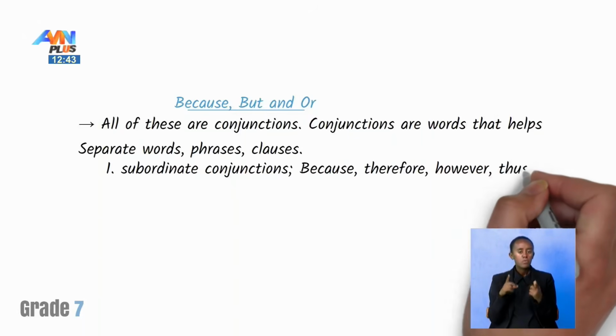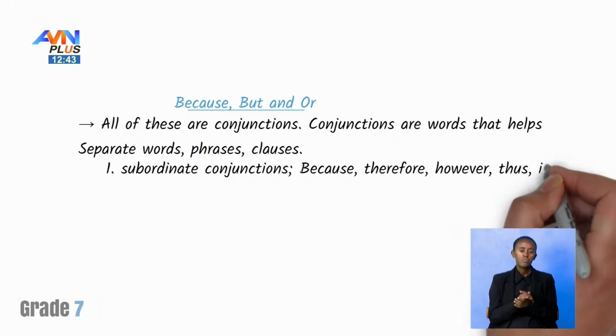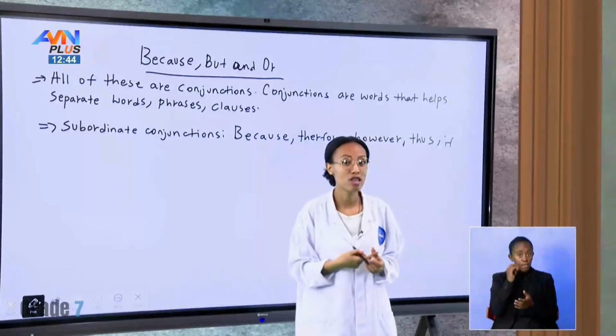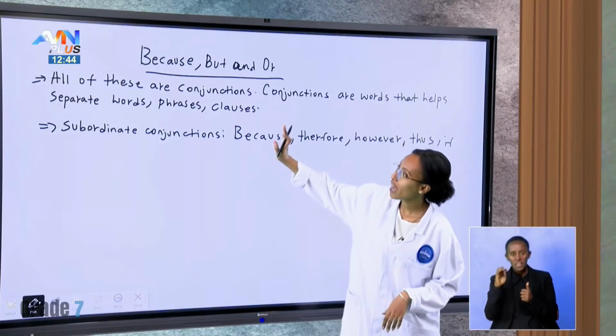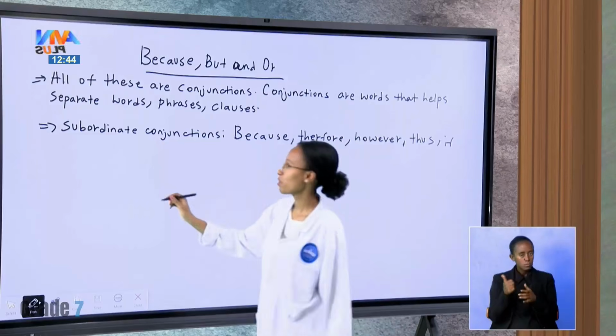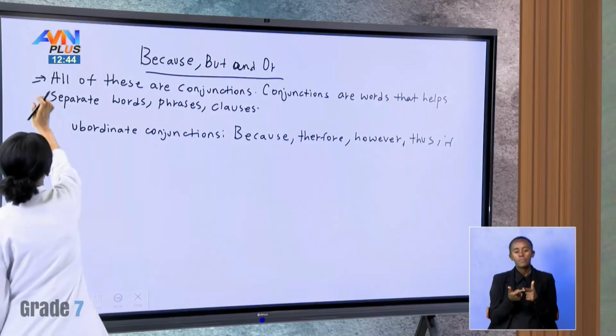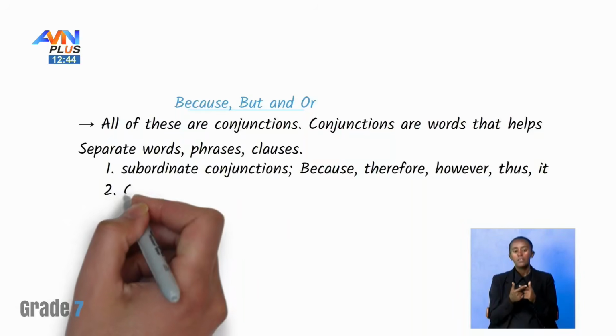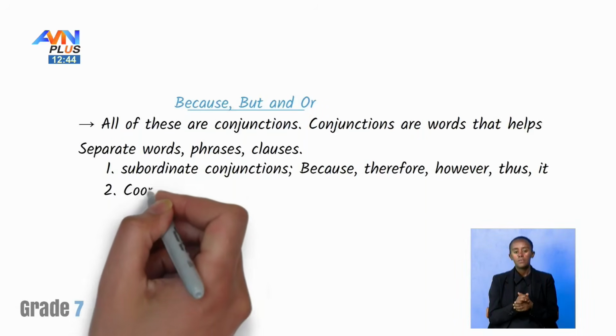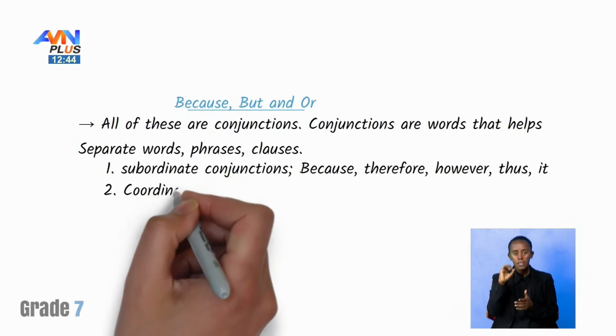There are a lot of them. We also have if. If is also a conjunction, a conditional conjunction. So this is the first one. The second one is coordinating conjunctions.